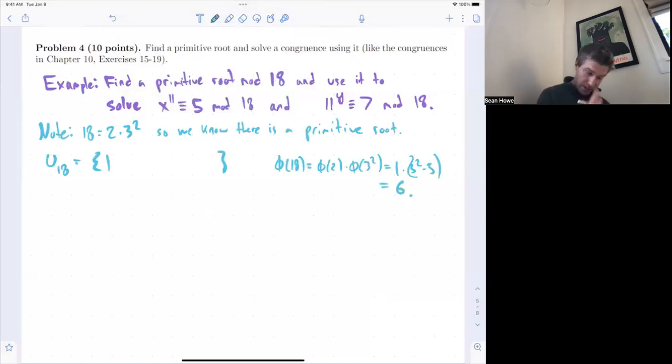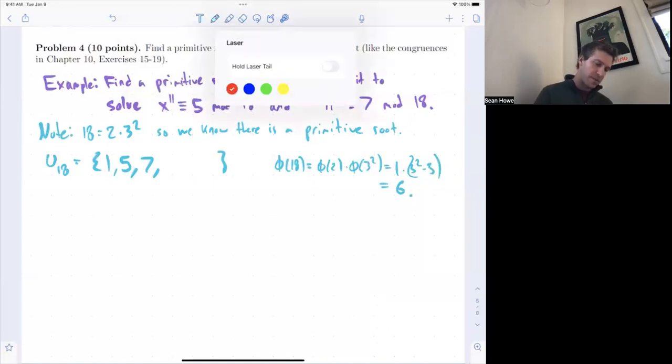So right now, all the numbers coprime to 18. 1 is coprime to 18. 2 is not. 3 is not. 4 is not. Then 5 is. 6 is not. 7 is coprime to 18. 8 is not. 9 is not, it shares a factor of 3.